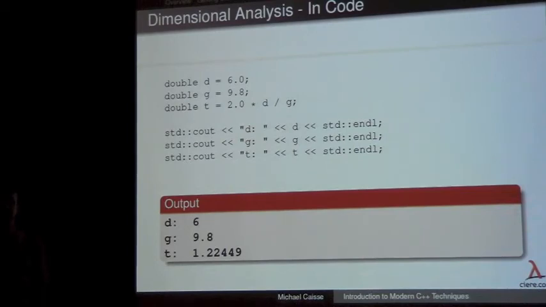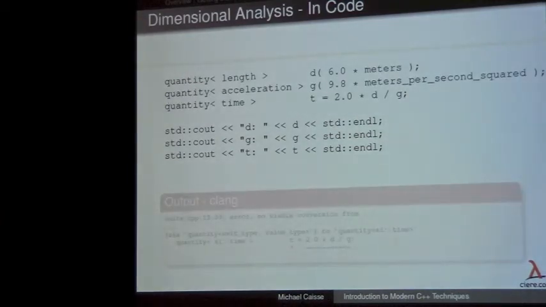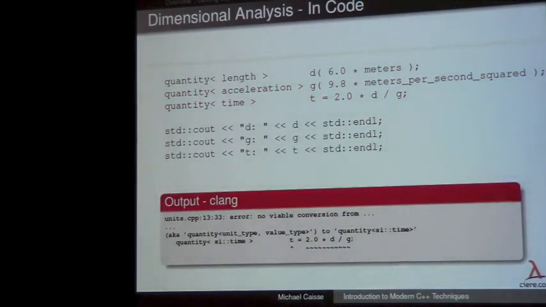So it would be nice if I could teach the computer to do the same thing that I teach my kids to do. This would be awesome. I have a length, and I have an acceleration, I have a time, and I can say this is meters, and this is meters per second squared, and I do all this stuff, and they're nicely highlighted, and then I get this.